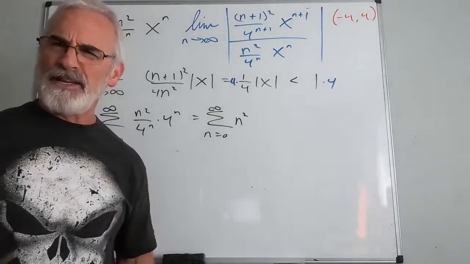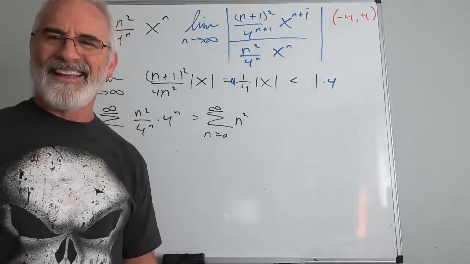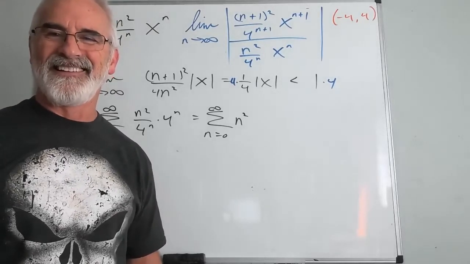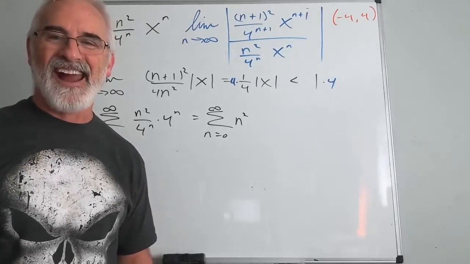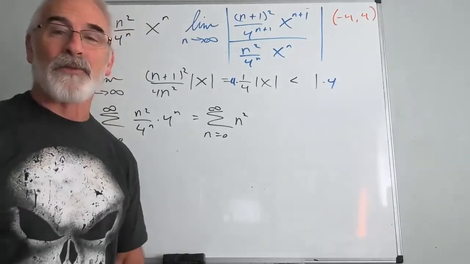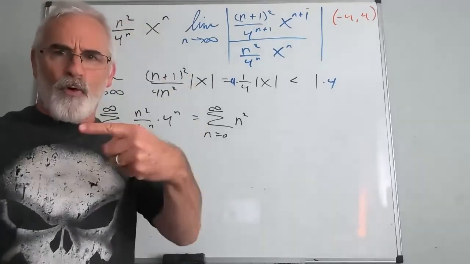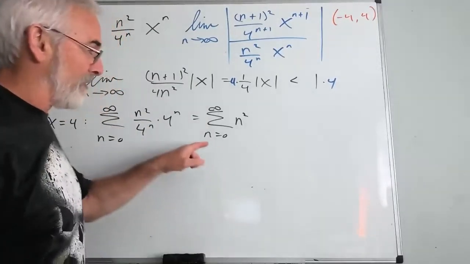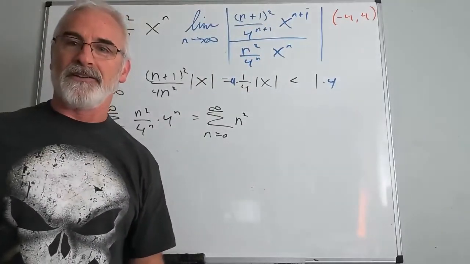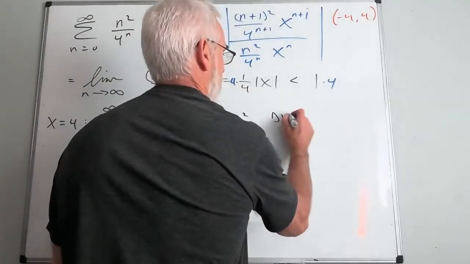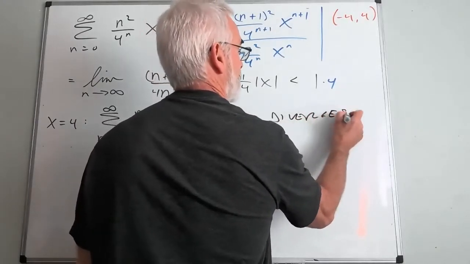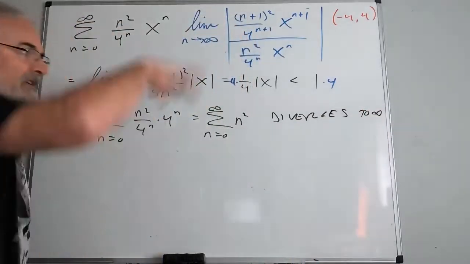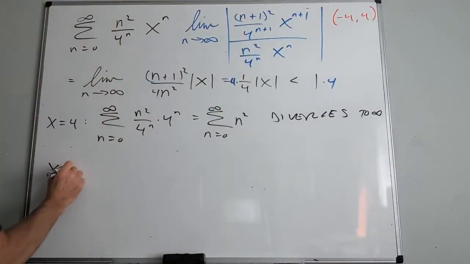Is this a P series technically? Yes. What's the P? -2. Yeah, by the way, nobody's going to turn around and write this as 1 over n to the -2, but you're correct. This is a P series. Clearly, these things are going crazy, aren't they? This diverges. You can say divergent P series. This diverges actually to infinity. This one's going to get big without bound. So you're going to like this.